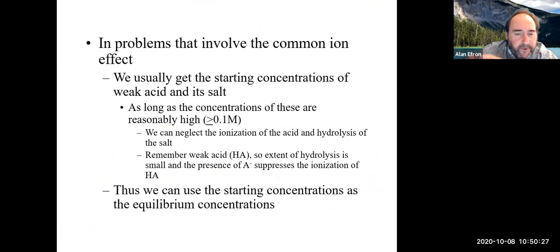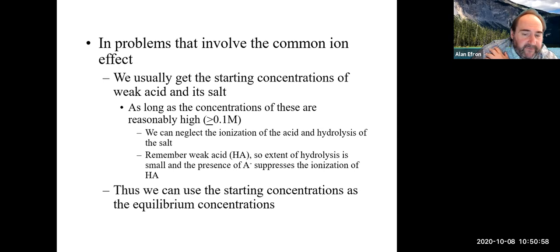So in problems where it involves the common ion effect, we usually get starting concentrations of the weak acid and its salt. As long as they're reasonably high, kind of 0.1 or above, we could almost neglect everything that's going on. Essentially, the initial concentration of those species actually ends up being the equilibrium concentration.